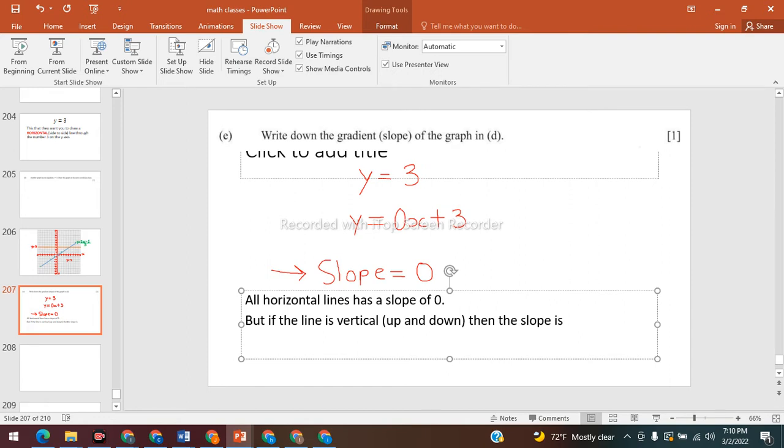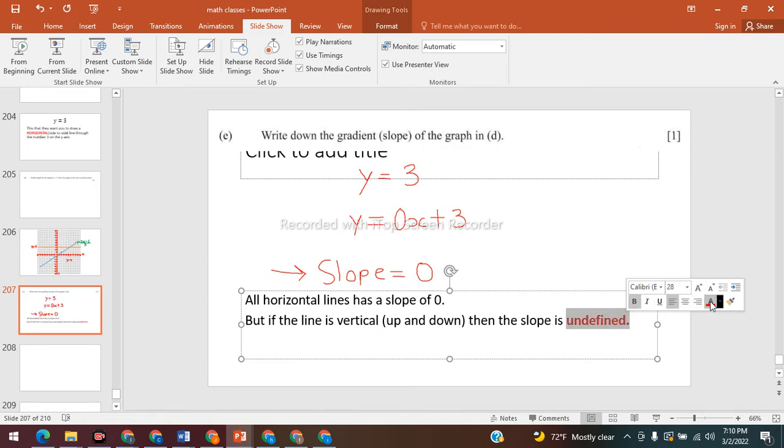If the line is vertical, that means up and down, then the slope is what we say. We say the slope is undefined. There is no slope.